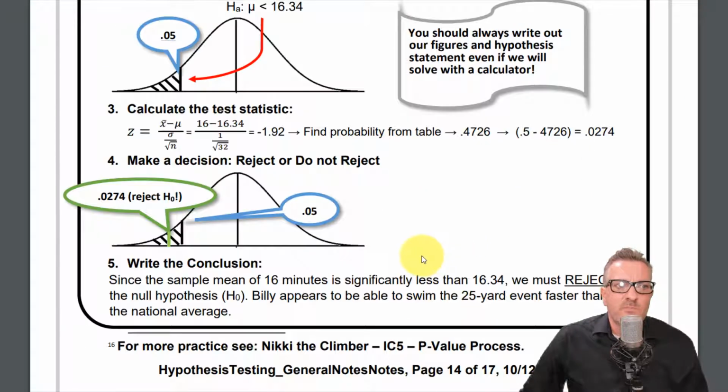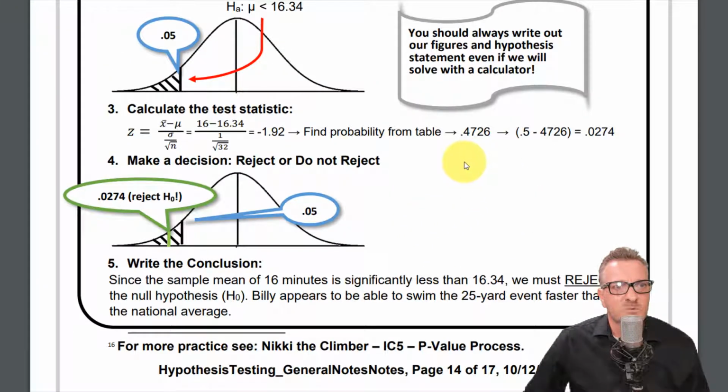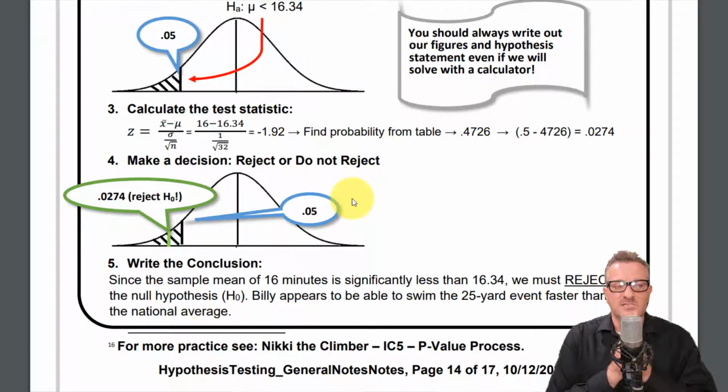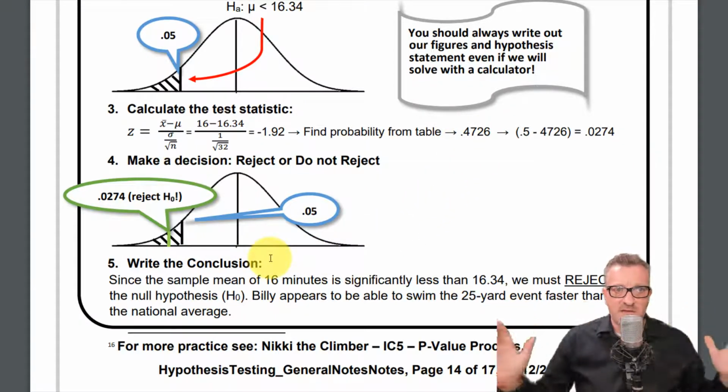Okay, so 0.4726. So we go over here, and this is where it can be a little bit tricky. We have to figure out where we're at with this whole thing. Now, one whole side is 0.5. And remember that the z distribution always starts in the middle and goes out, at least the alternative tables that I've been teaching from do that. So if this is 0.4726, this is a pretty big amount of the 0.5.